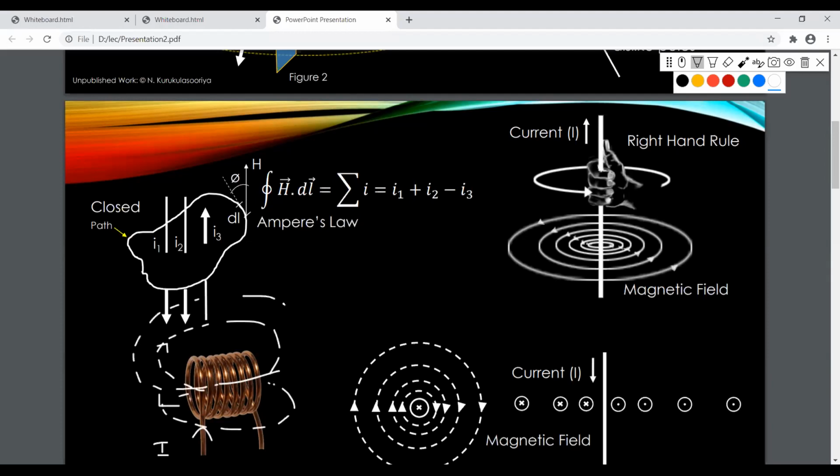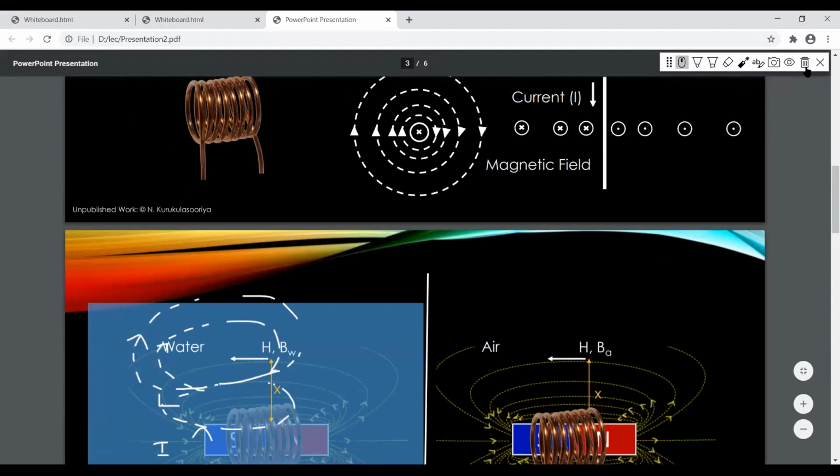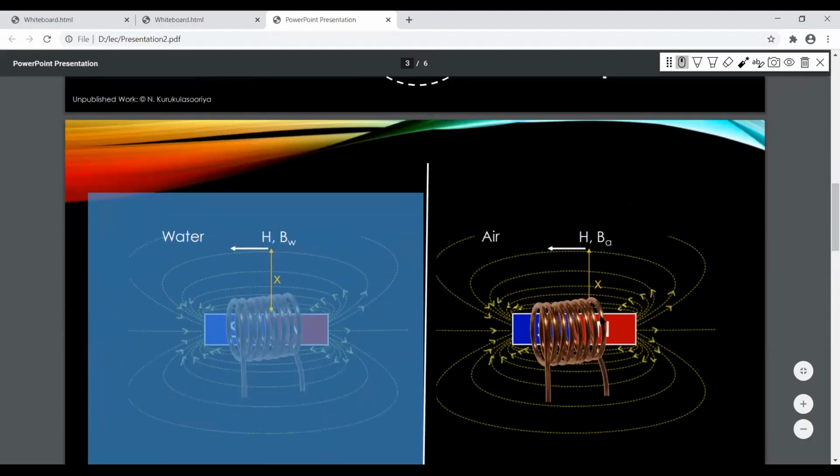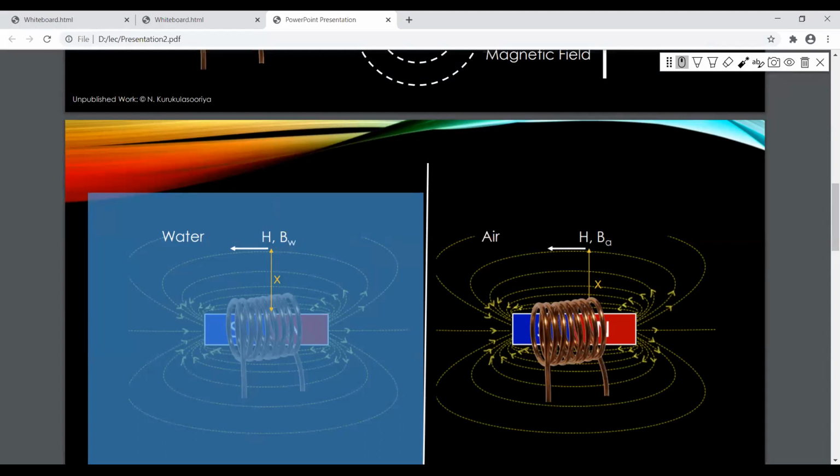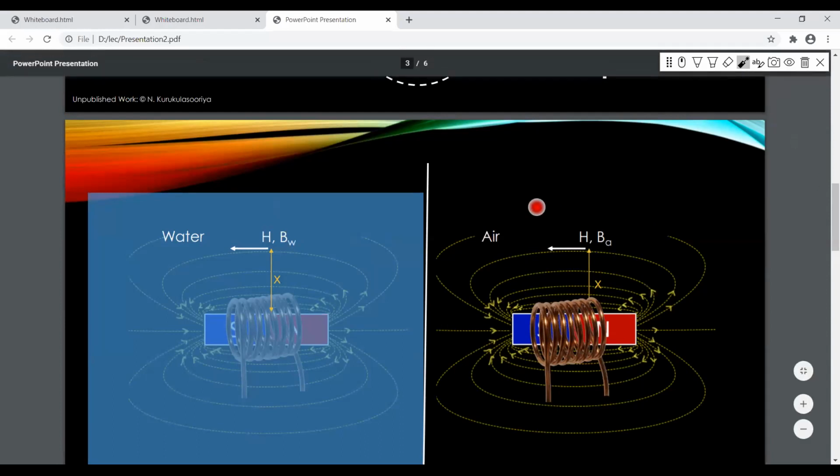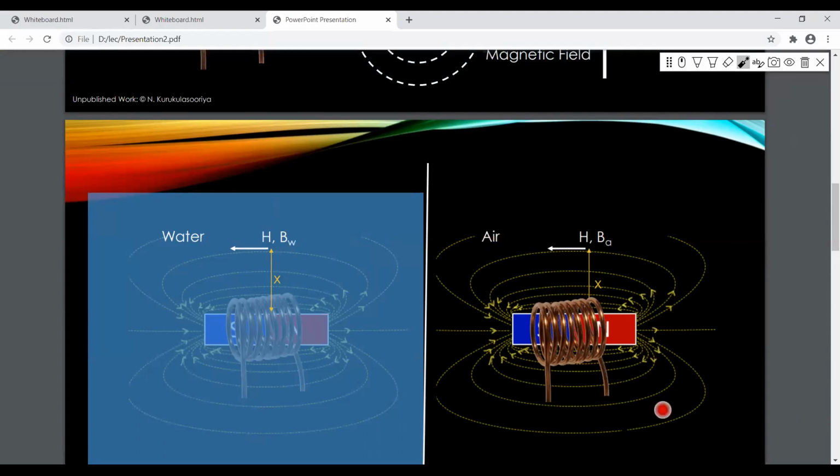And this magnetic field, which is created from the current carrying coil, is not that different from the permanent magnetic field. So as you can see, it's the same as a permanent magnet, but the only thing is you can control the magnetic field by using the current, right?